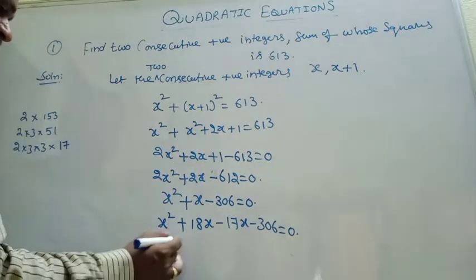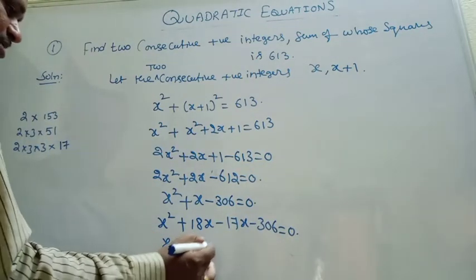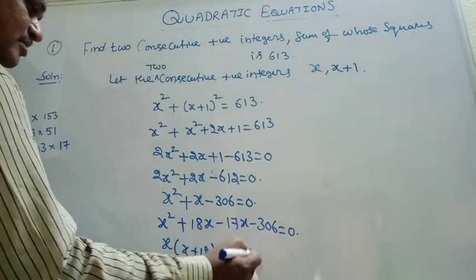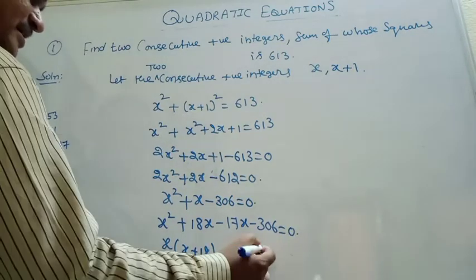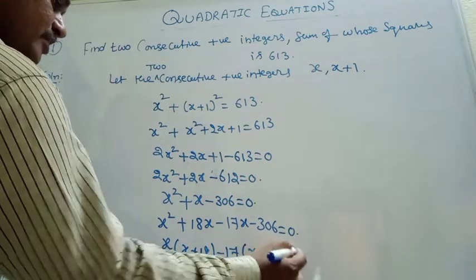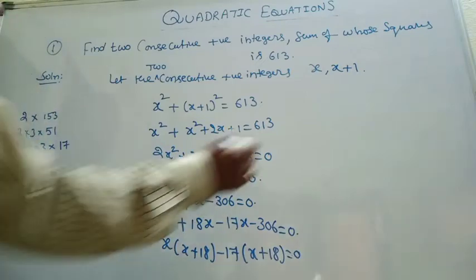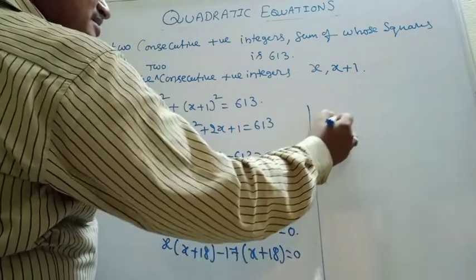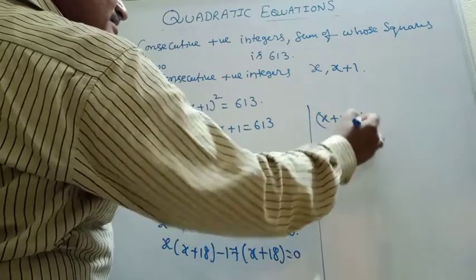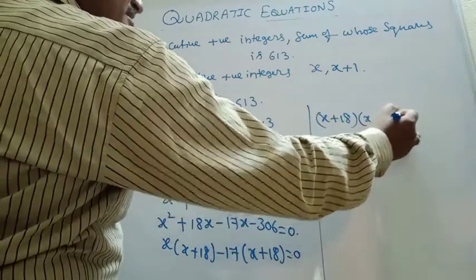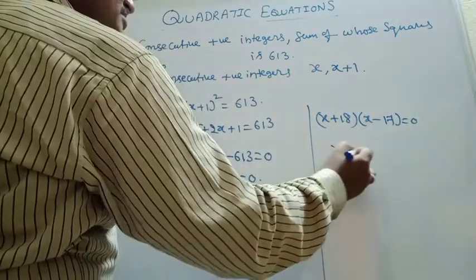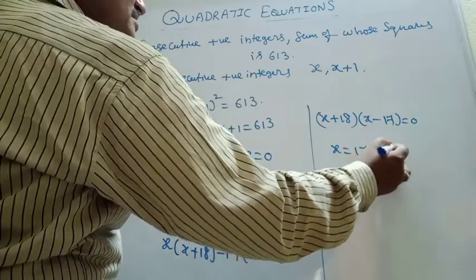Taking x common, x plus 18 into x minus 17 is equal to 0. That means x is equal to 17, minus 18.